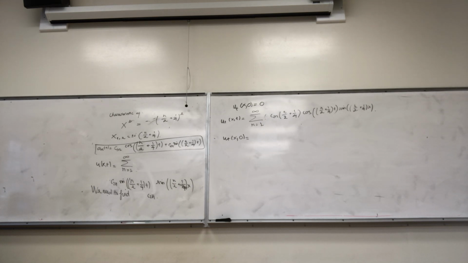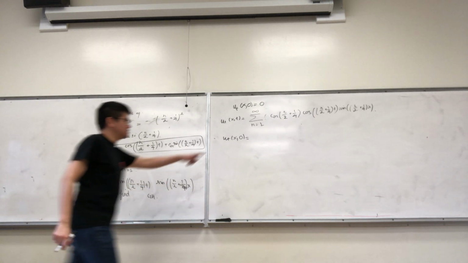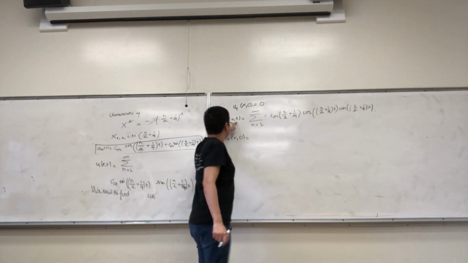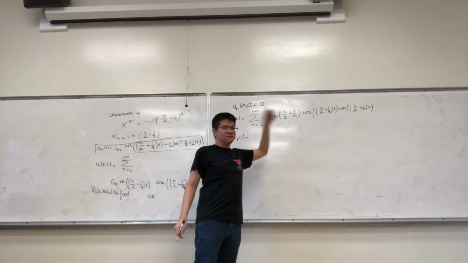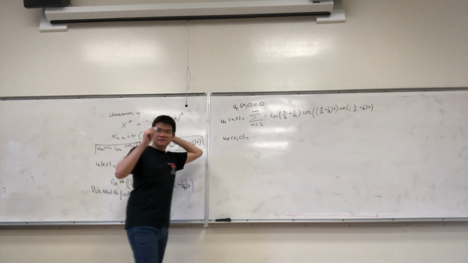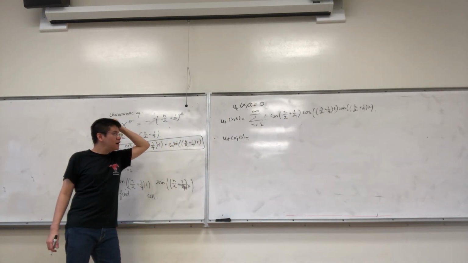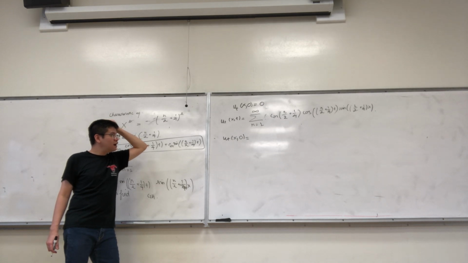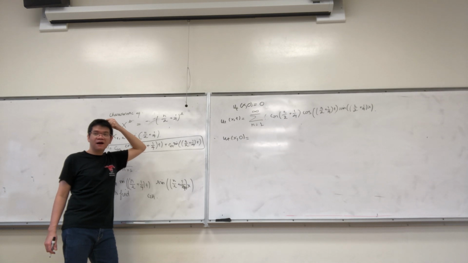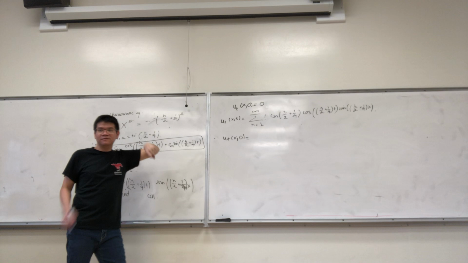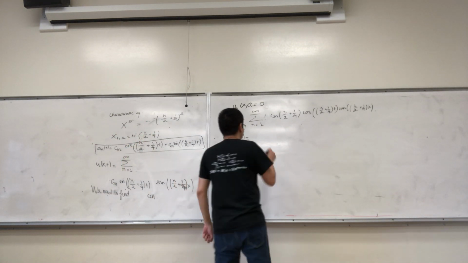All of this cosine will be 1, not 0. Cosine of 0 is 1.